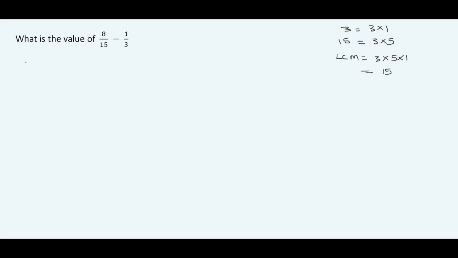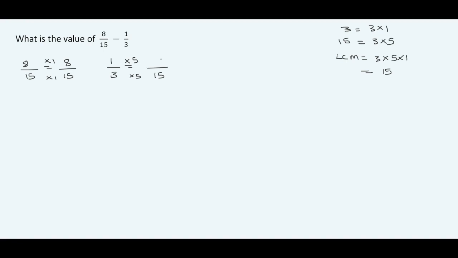So now we have 8 over 15, and we're going to rewrite that. The denominator is the same, so we multiply by 1, so we multiply the numerator by 1, so that's 8 over 15. Now 1 over 3, and we're trying to write it as a new fraction with a denominator of 15, so we have to multiply 3 by 5, so we also have to multiply the numerator by 5.